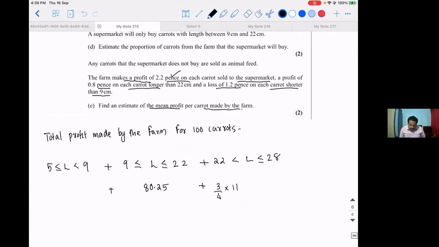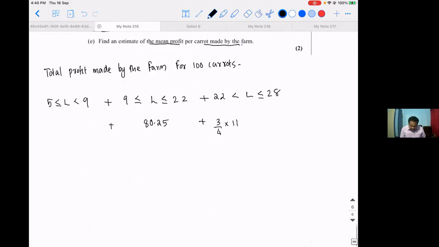So that means 5 plus half of 13, because half of 13 we included here, half of 13 we included in the below category. So altogether 11.5 carrots between 5 to 9, and 80.25 carrots between 9 to 22, and how many carrots between 22 to 28? That is 8.25.